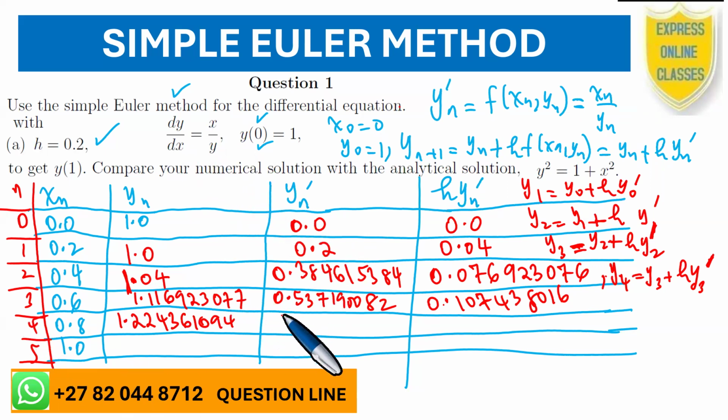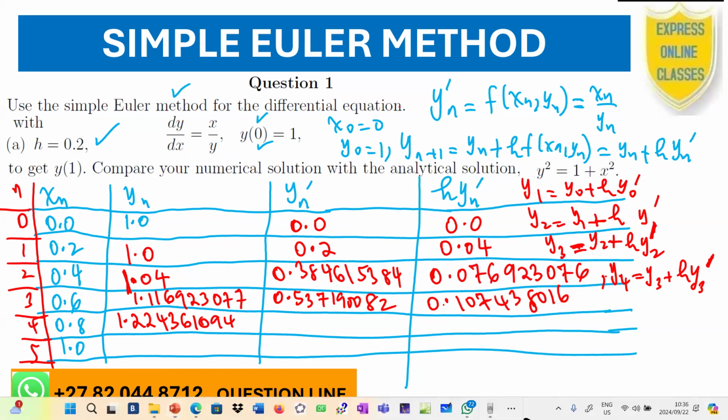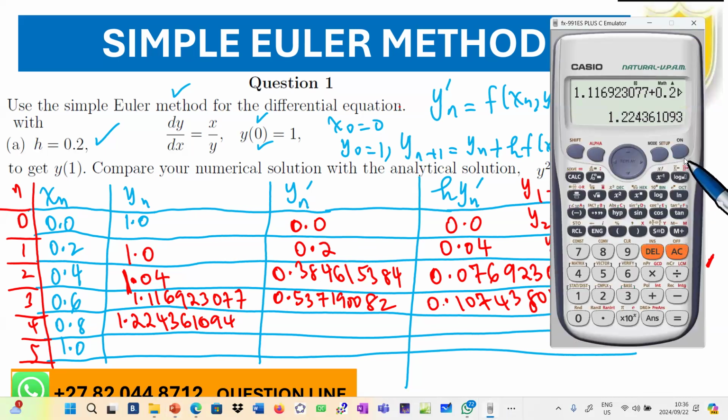So y4 primed is going to be x4 divided by y4. Okay, what is x4 divided by y4? What is x4? Right, x4 is 0.8.